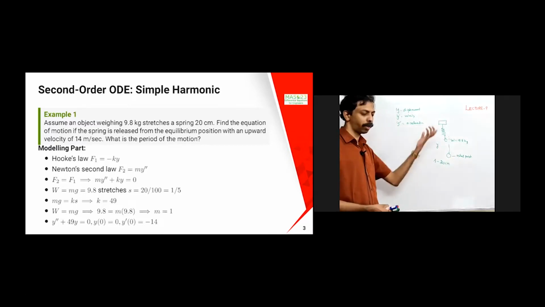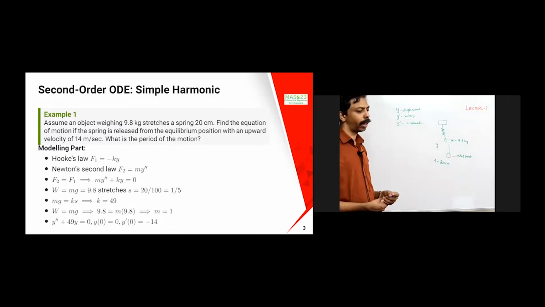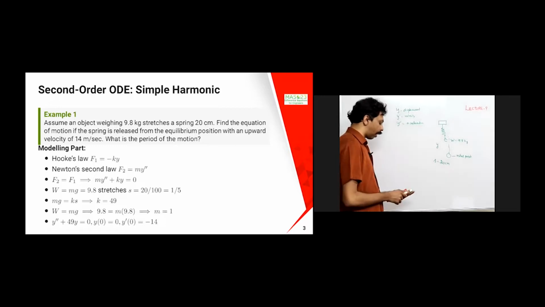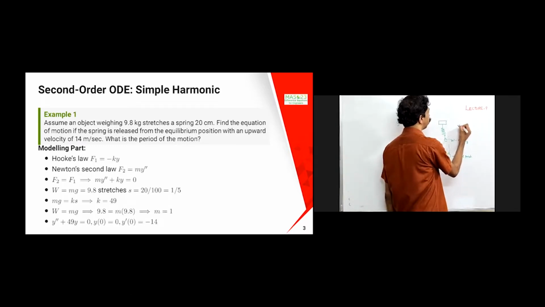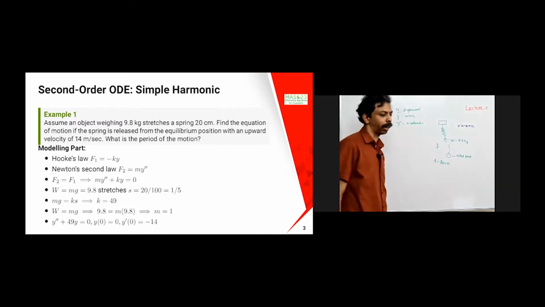So this is the equilibrium position, and from there, if I release it, we need to find the equation of motion. Another piece of information given is that v dash equals 14 meter per second, but it is upward, so I'm going to keep v dash equal to minus 14 meter per second.